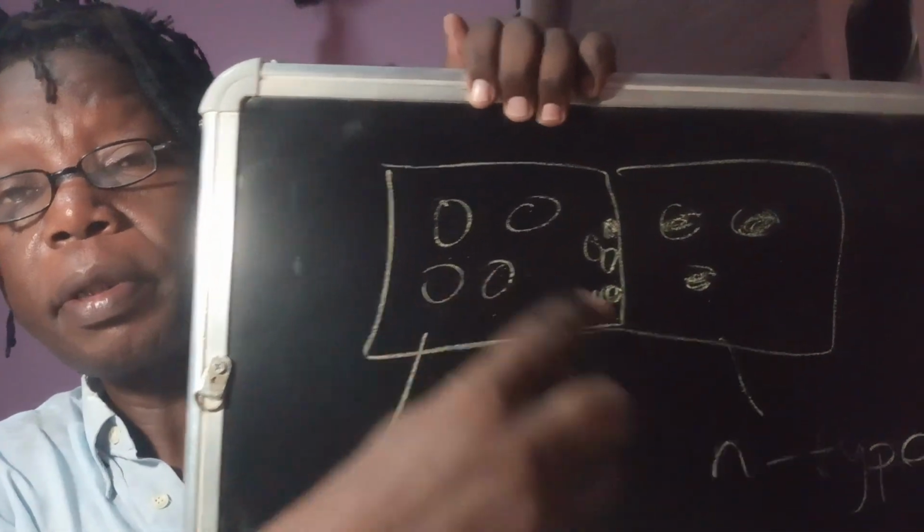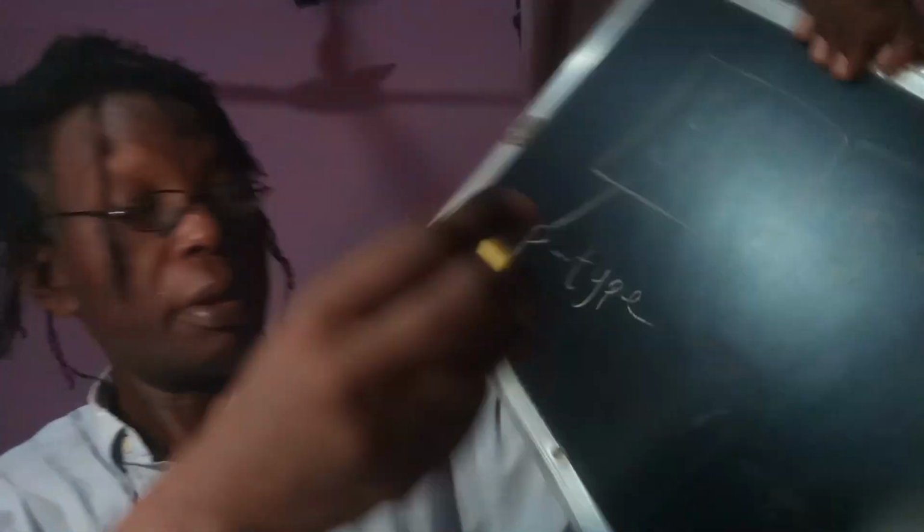Let me write something. I'll just show you in a minute, guys, what I'm talking about. These are holes and those are electrons. You know what electrons are? Electricity means electrons, the small particles of an atom.